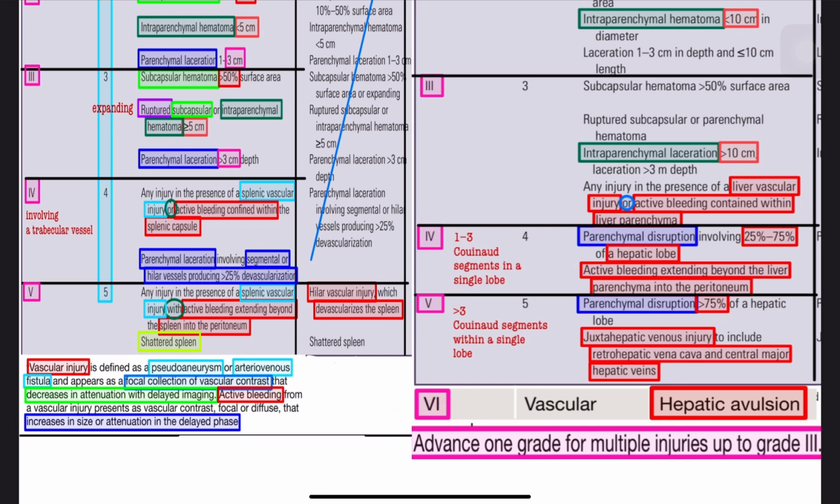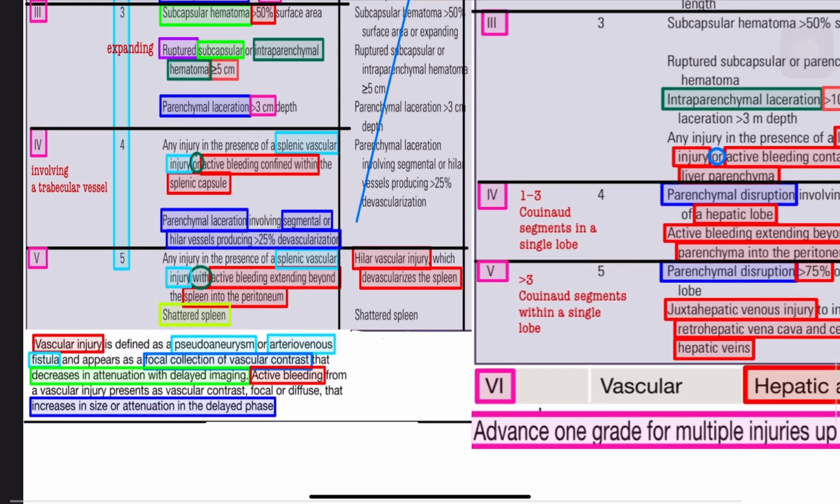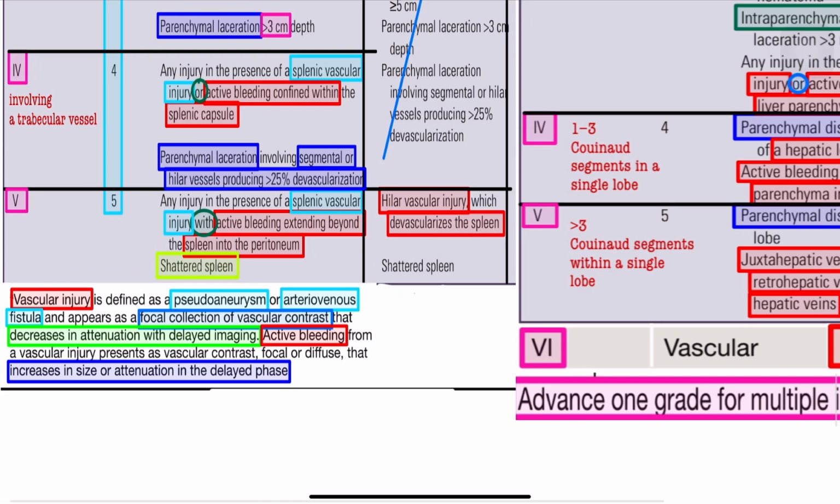One more footnote: advance 1 grade for multiple injuries up to grade 3. It's applicable for both spleen and liver. Vascular injury is defined as pseudoaneurysm or AV fistula, and it appears as a focal collection of vascular contrast that decreases in attenuation with delayed imaging. Active bleeding is from vascular injury, presence of vascular contrast, focal or diffuse, that increases in attenuation in delayed imaging.